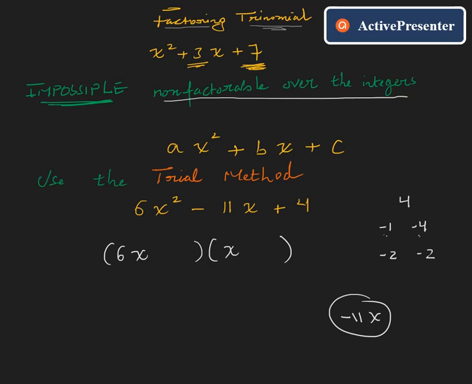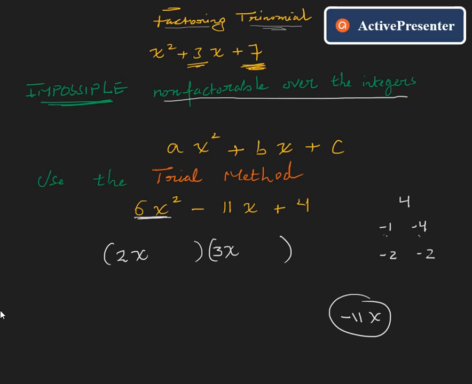Now the question comes to you: are we done because we checked all the numbers? The answer is no, because there is room to work with. We have here 6x squared. 6x squared can be factored to 2x and 3x, because 2x multiplied by 3x is 6x squared.